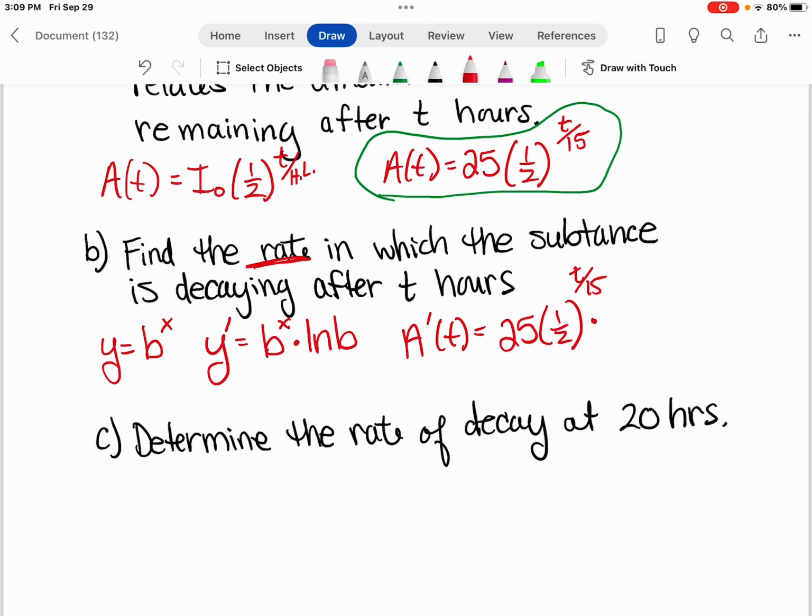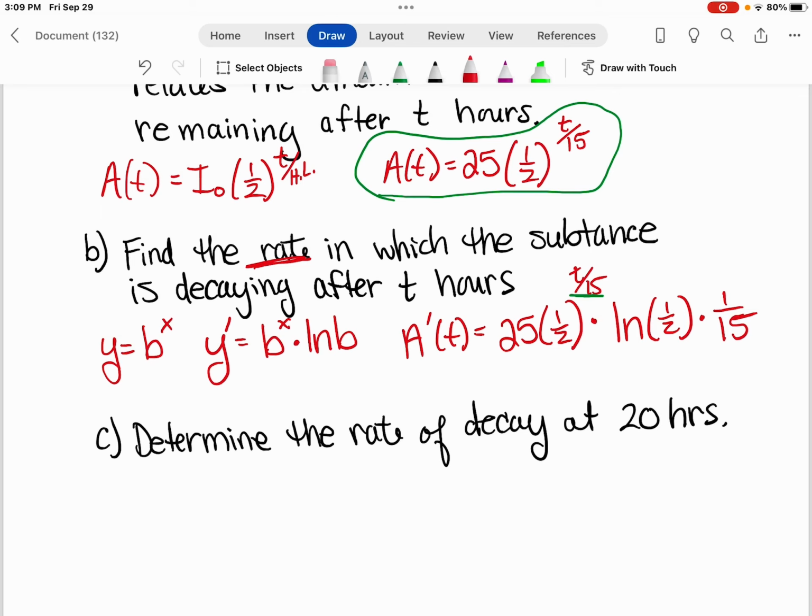Then I have to multiply that by the natural log of my base, so that would be the natural log of 1/2. And then also because of the chain rule here, I have T over 15, so I have to multiply by the derivative of that, which would be 1 over 15.